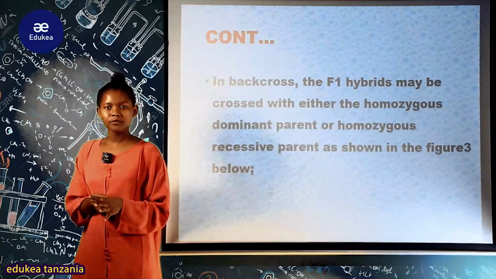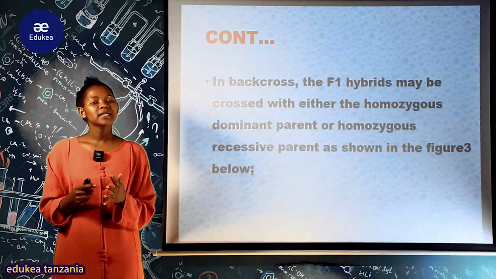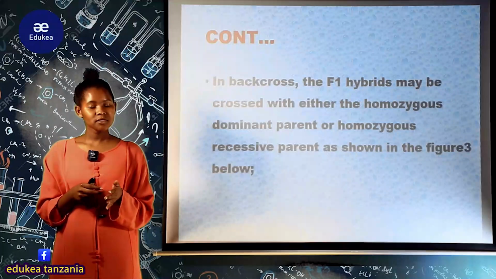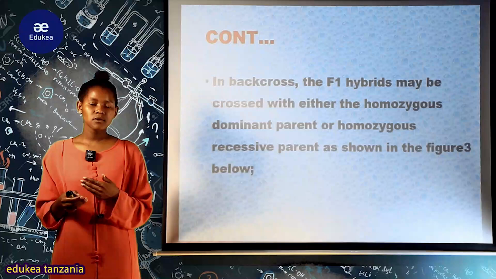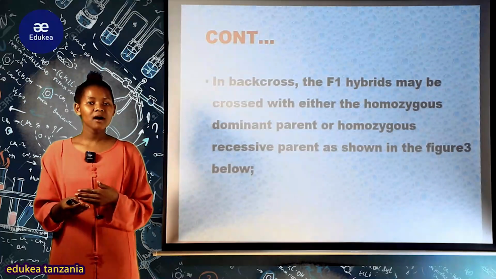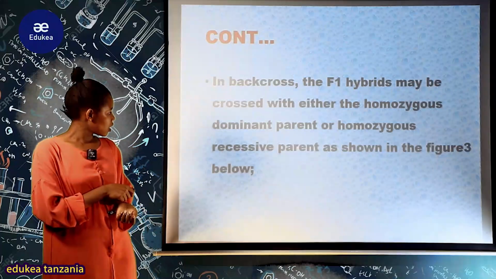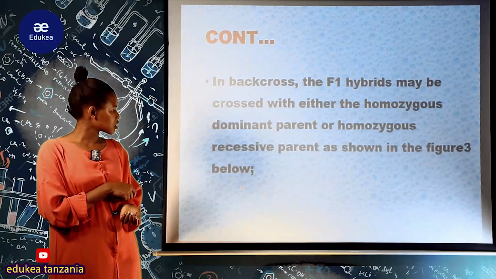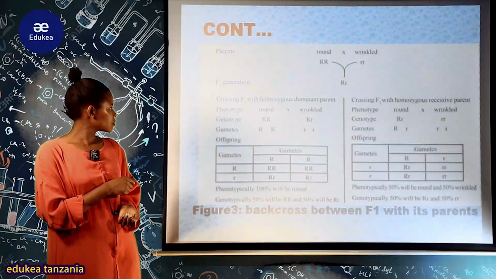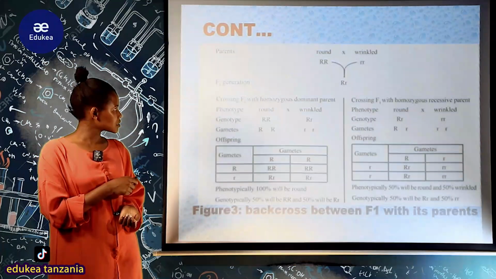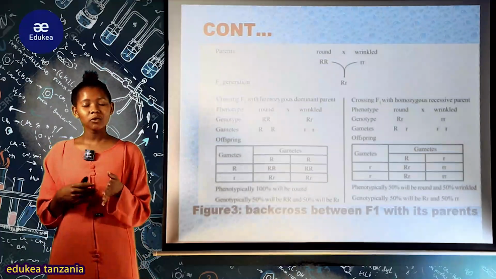So there are two alternatives. This F1 hybrid can be crossed with the homozygous dominant parent, or it can be crossed with the homozygous recessive parent, as we will see in our figure here. Examine this figure here, you can see these are parents and this is the F1 generation. Here we are going to look at this example.